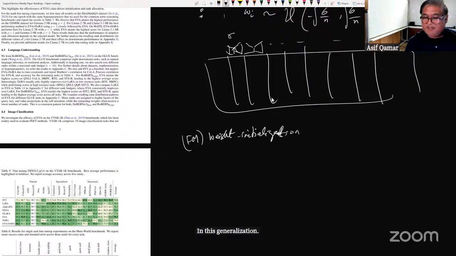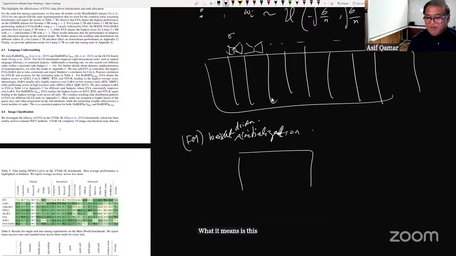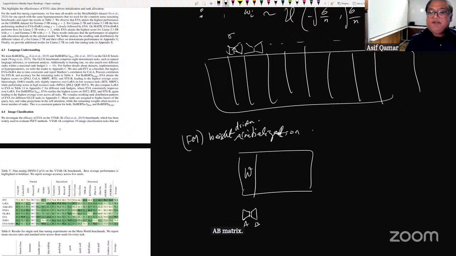Actually, the word that people use is weight-driven initialization. This paper uses the word weight-driven initialization. What it means is this. You have the foundational model. In the foundational model, at this level, you have the weight matrix, for which you're trying to make a corresponding LoRA AB matrix, right? So you're trying to find a corresponding value here.